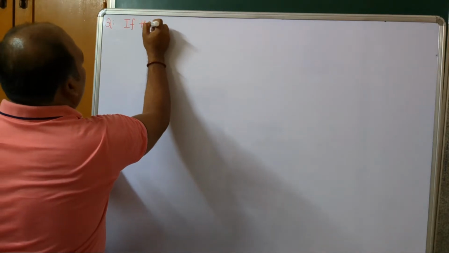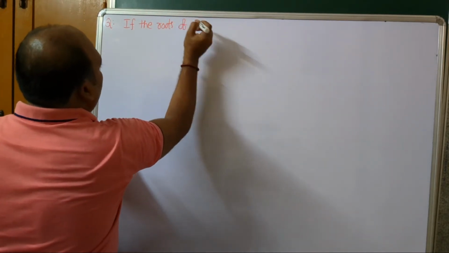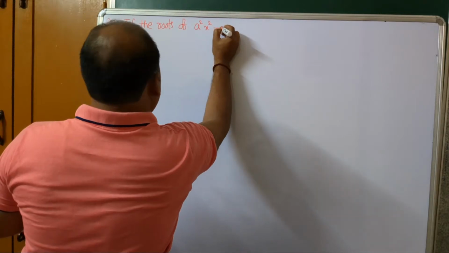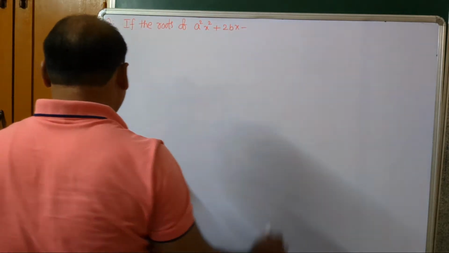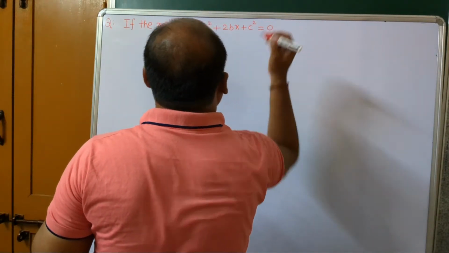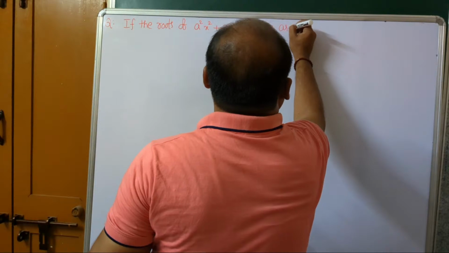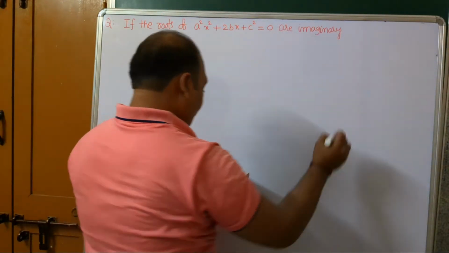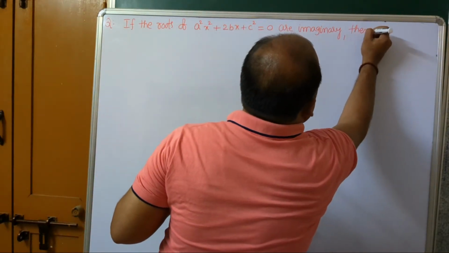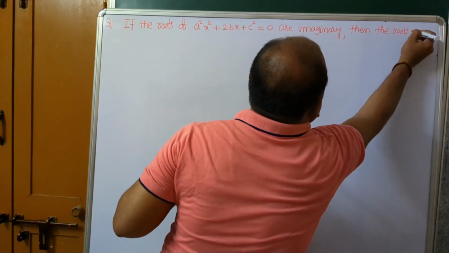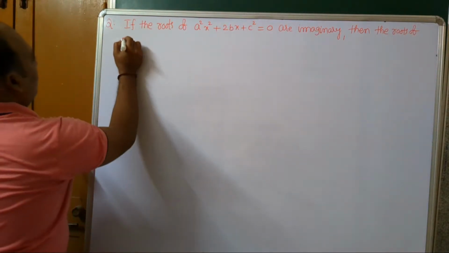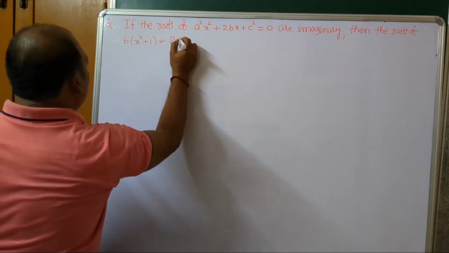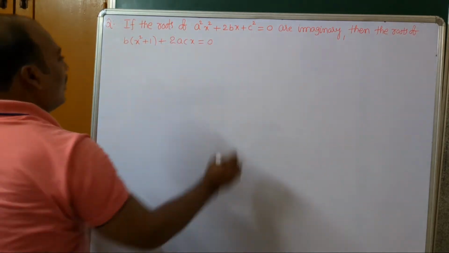If the roots of a square x square plus 2bx plus c square equal to 0 are imaginary, then the roots of b into x square plus 1 plus 2acx equal to 0 are.